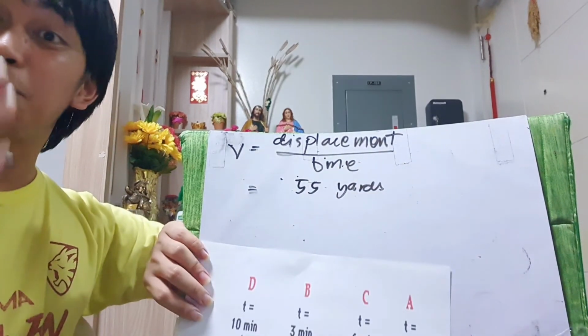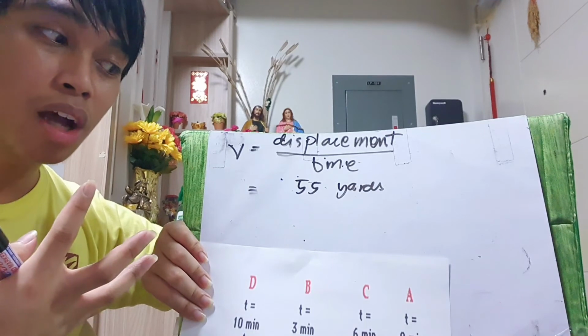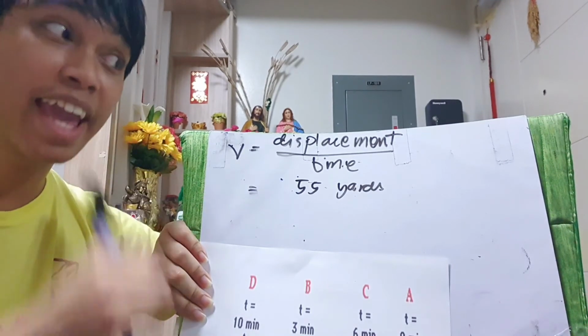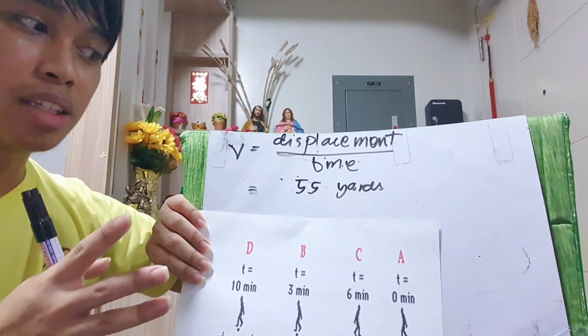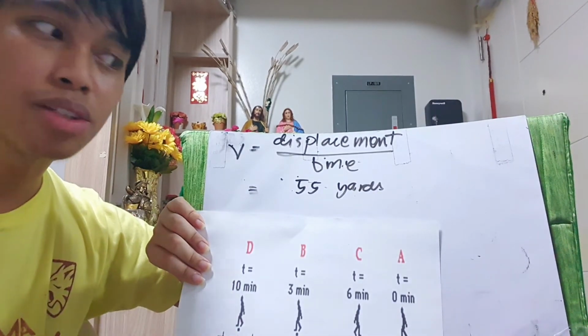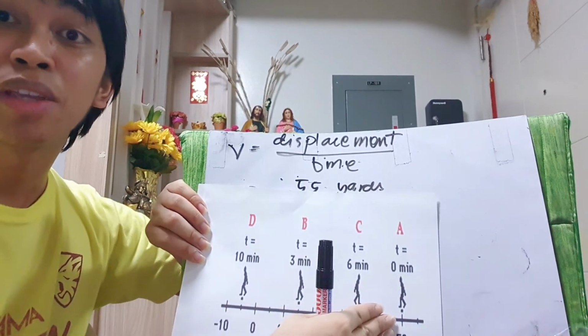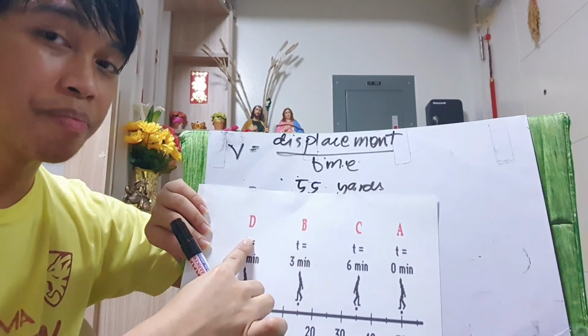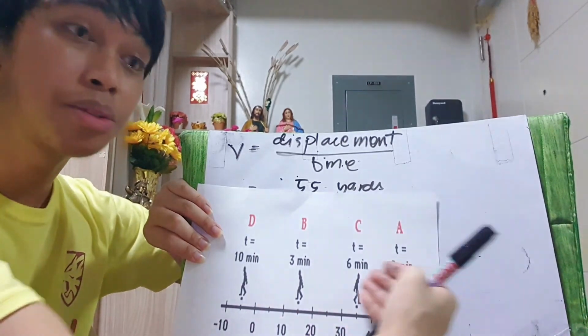But remember that displacement consists of magnitude and direction. So we need to know the direction of the man moving to these places. From point A to point B, this man is going to the left.